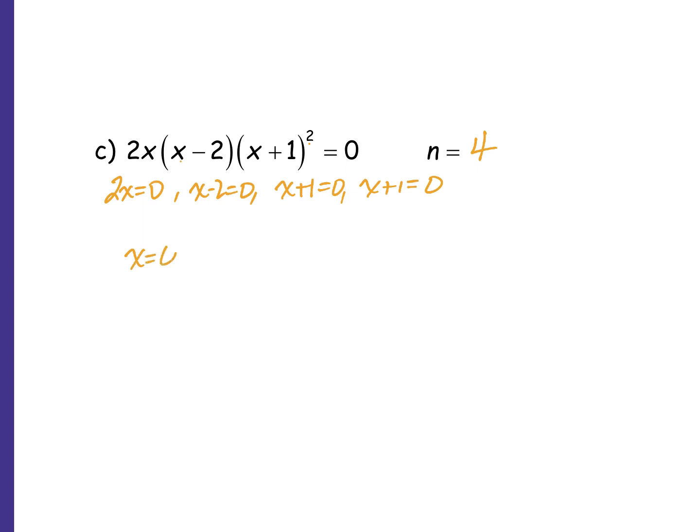So divide by 2 will give me 0. Add 2. Subtract 1 twice. So there's my answers. I've got 4 answers: 0, 2, and negative 1 with a multiplicity of 2. Any questions? Okay.